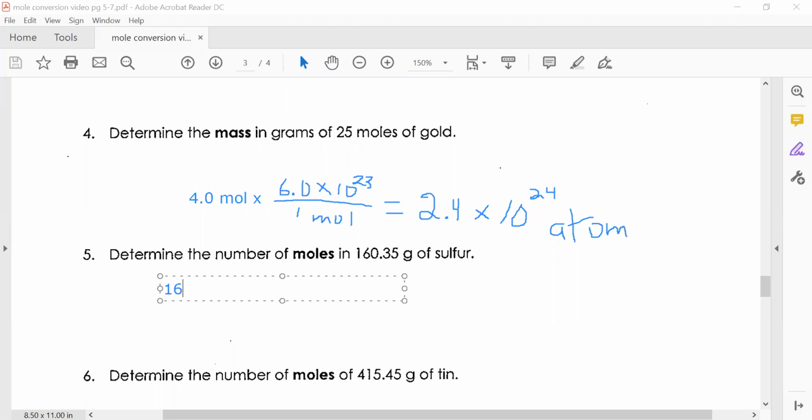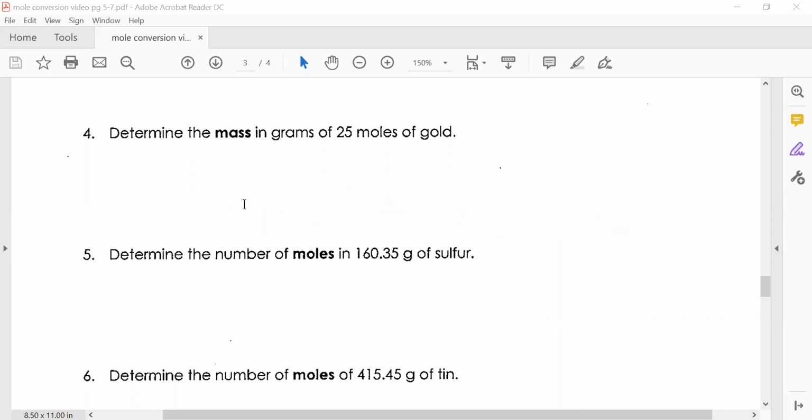I'm going to clear this other one out so it's not messy. 160.35 grams. And then I'm going to times it by something.